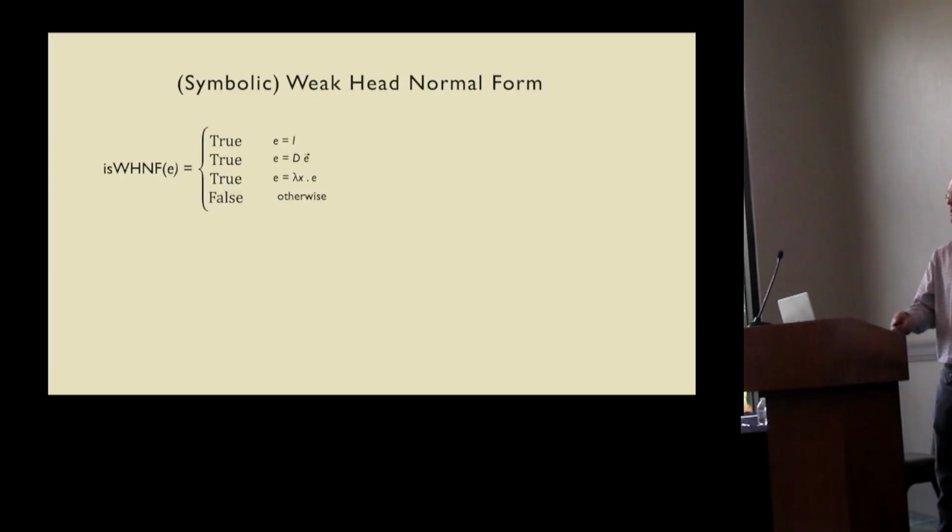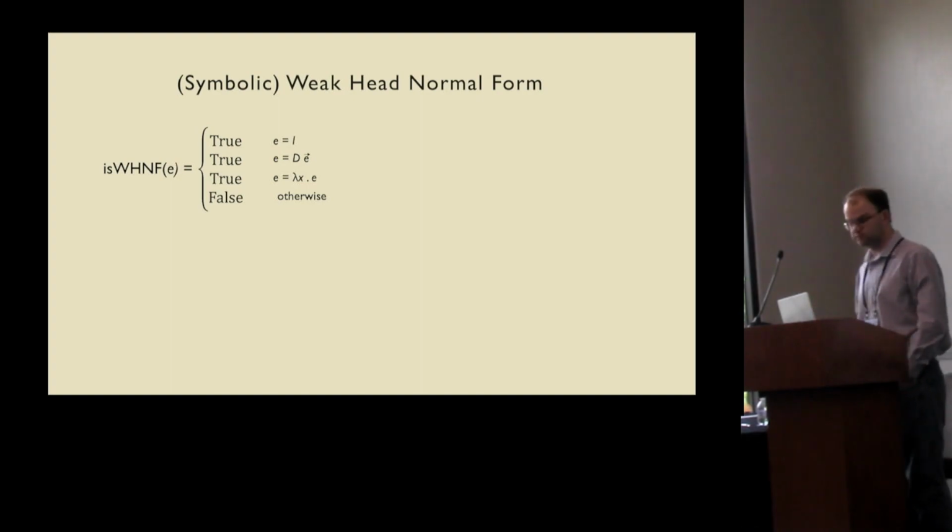The way that this actually works is by reduction to something called weak head normal form. This is when I promised we'd come back to talking about the normal form. Here it is. Reduction is to something called weak head normal form. Weak head normal form means you have a literal, you have a data constructor applied to things that might not themselves be in normal form, or you have a lambda expression.